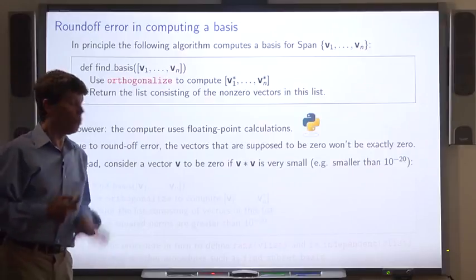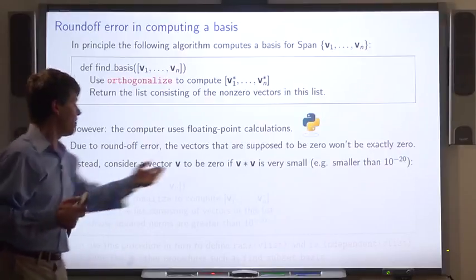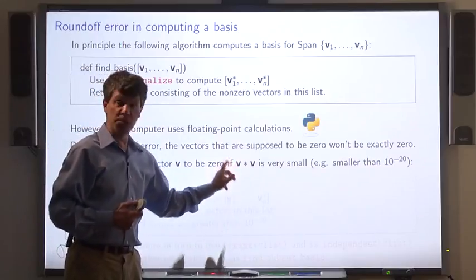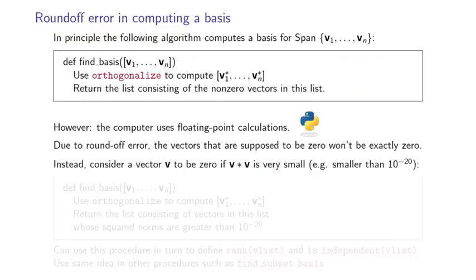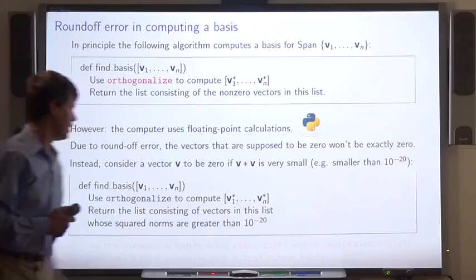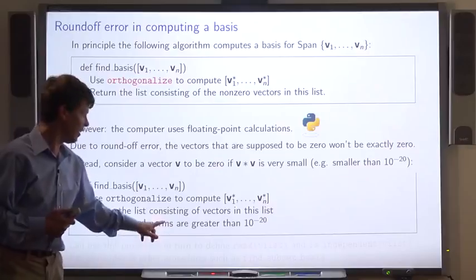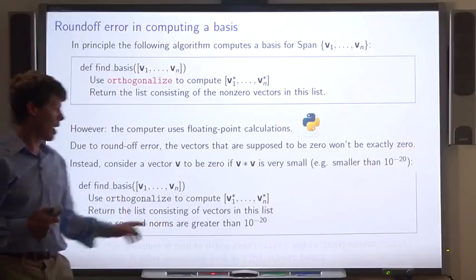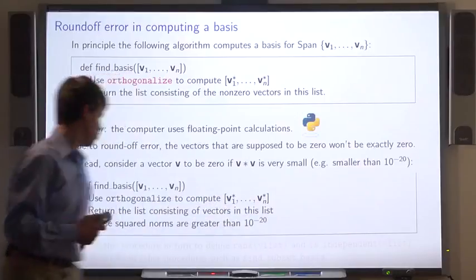So instead, we'll modify the algorithm to consider a vector to be effectively 0 if its norm squared, that is, the dot product of v with itself, is very small, say less than 10 to the minus 20. So here's the revised algorithm. It applies orthogonalize, and then it returns the list consisting just of those vectors whose squared norms are greater than, say, 10 to the minus 20.